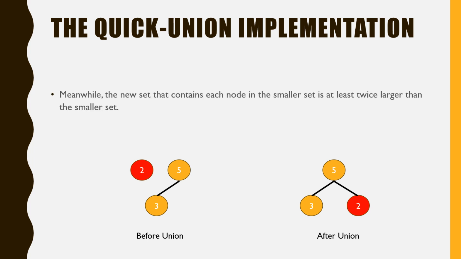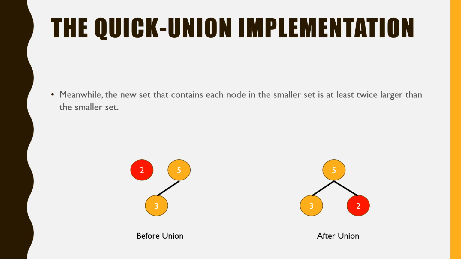Additionally, observe that after a merge, the new set containing the nodes from the smaller set is at least twice as large as the original small set. For example, element 2 was initially in set 2, which had a size of 1.